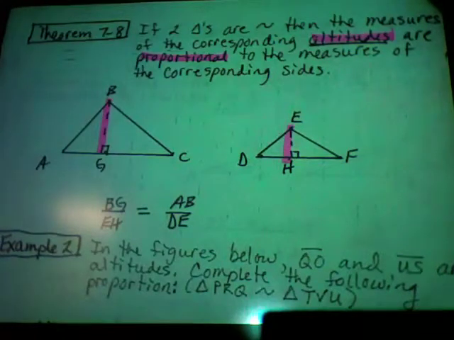So example 2 says in the figure below, which we'll draw, QO and segment US are altitudes. Complete the following proportion. So let's draw our picture.